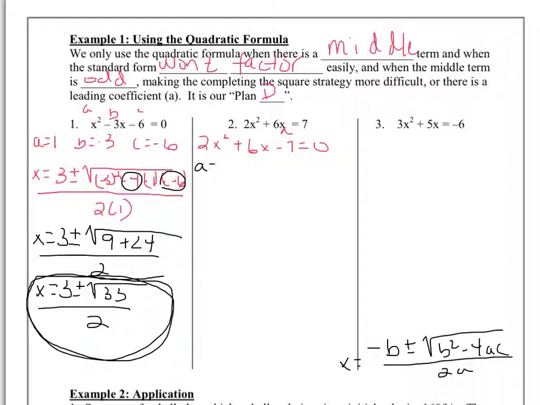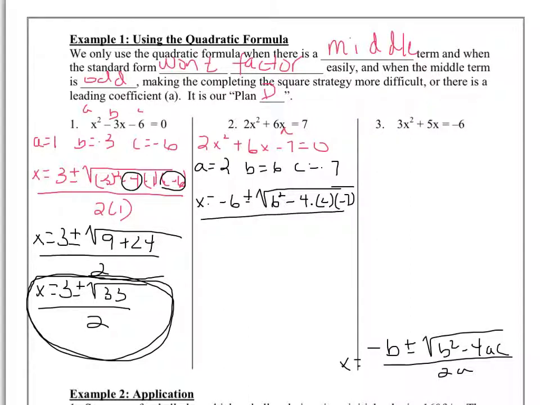A is 2, B is 6, and C is negative 7. Okay? So x is equal to negative b plus or minus the square root of b squared minus 4 times a times c over 2a.